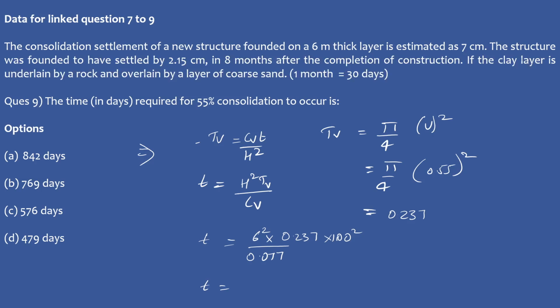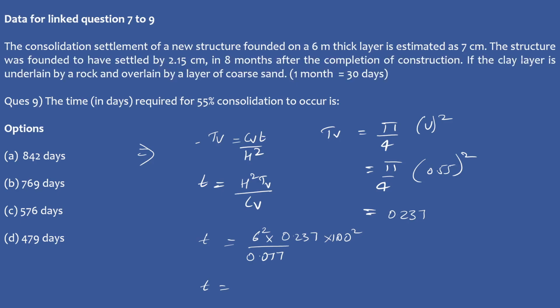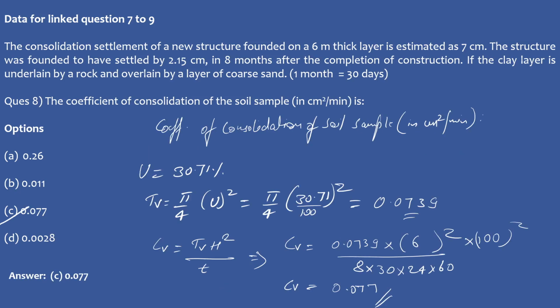If we convert, okay, the thickness of the soil layer is 6 meter.